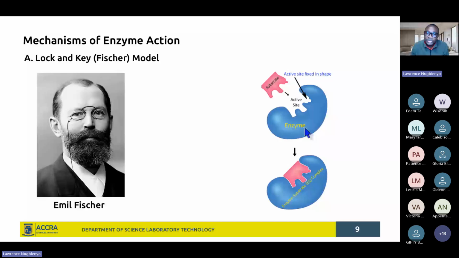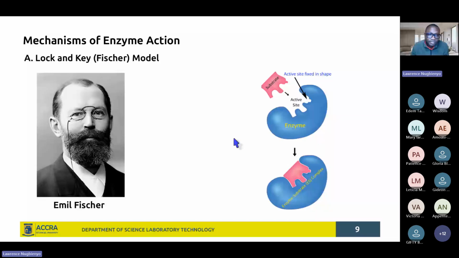So you see on the right-hand side, what is depicted here is that you have a substrate, which is red, and the enzyme is blue. And if you look, the active site has a certain shape, which is sort of fixed. It's fixed, fitting exactly to the substrate for the substrate to fit in it to form an enzyme substrate complex.